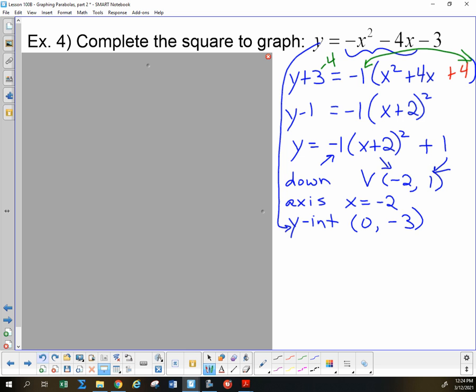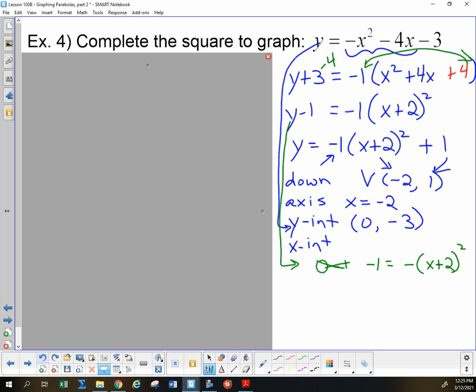In order to get my x-intercepts, now I go back to this equation where I had y with a number on the left, and I have 0 minus 1, which is just minus 1, equals, and then I have a minus x plus 2 all squared.